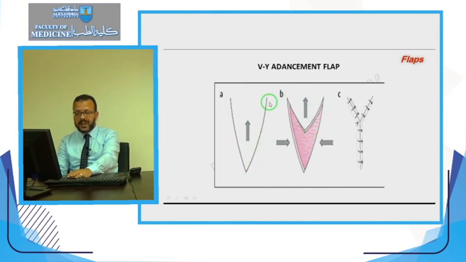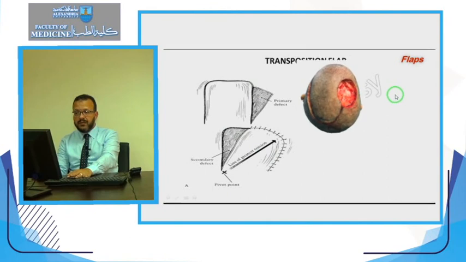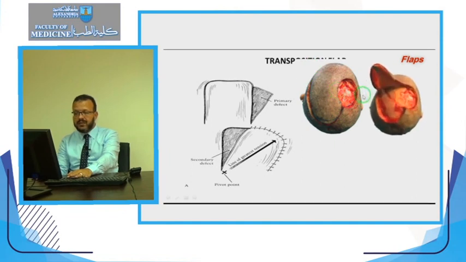which was harvested as a V, and then it advanced forwards, and the donor site and the recipient site are closed like a Y. And the transposition flap: if we have here a defect with bone exposed without periosteum, and a flap was harvested from the adjacent tissue, this flap is a local flap and was harvested, keeping behind in the donor site intact periosteum which can accept a graft.